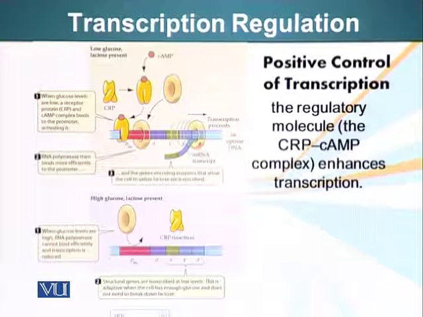So let's see an example. What if the bacteria has some glucose, but very low glucose, and it has abundant lactose? When glucose levels are low, it results in production of a molecule called cAMP. It is cyclic adenosine monophosphate. We already know what ATP is, so we also know what AMP is.